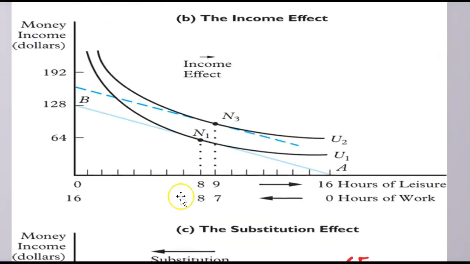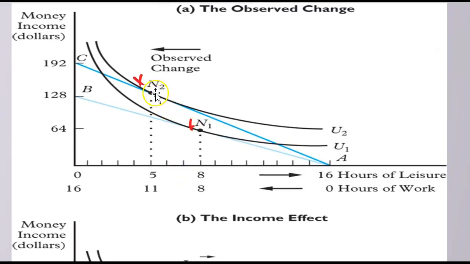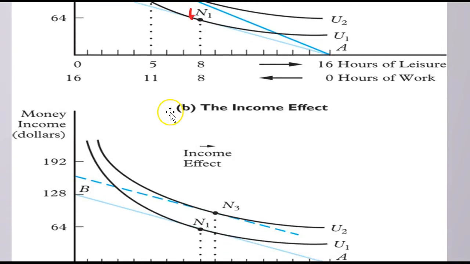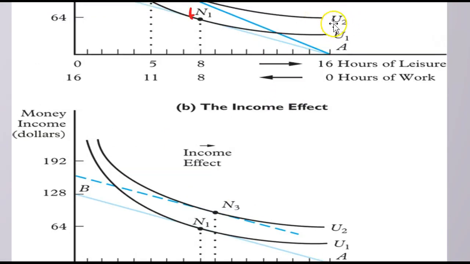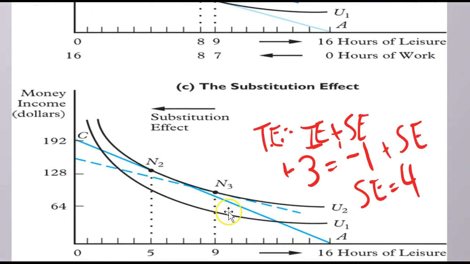And so this is really a two-step process. All right, so you see the observed change. First, you want to figure out how much non-labor income you would need, keeping your wage the same, to keep you at that level of satisfaction, which you do by a shift. So N1 to N3 is the income effect. The substitution effect is how much more you're going to work because it's more expensive to take leisure time now.